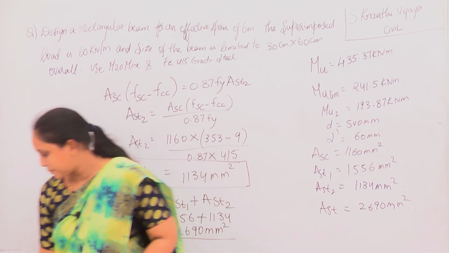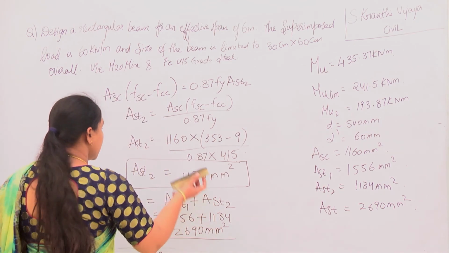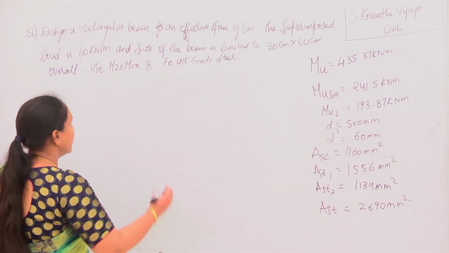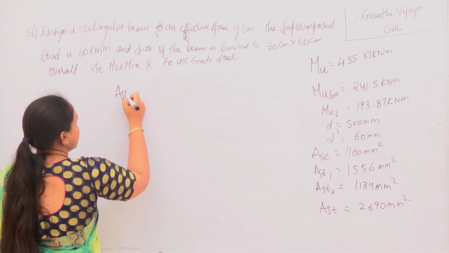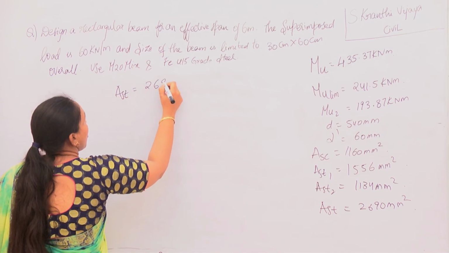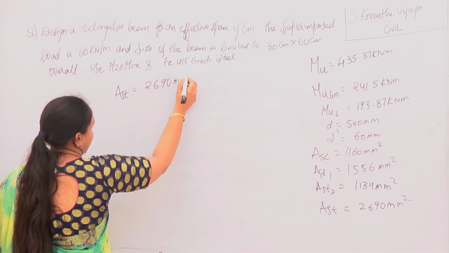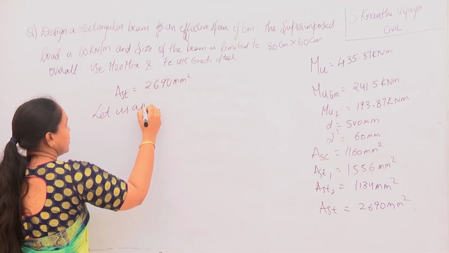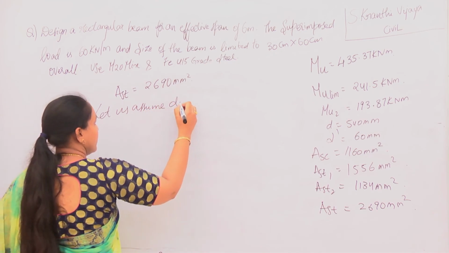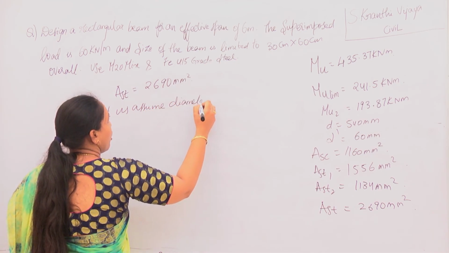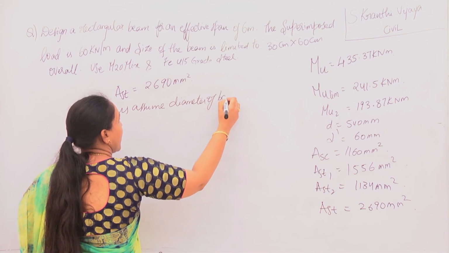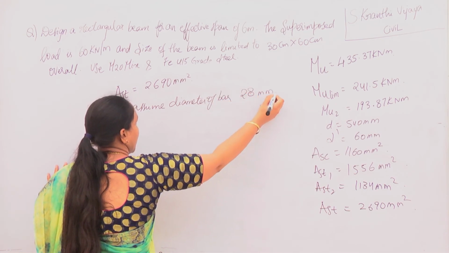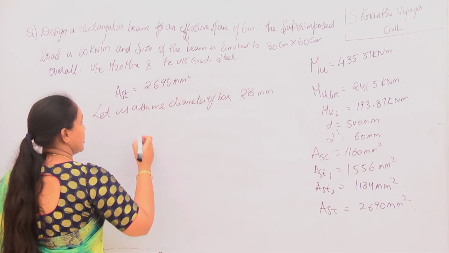First, let us consider the tensile steel. That is the AST, which is 2690 mm square. So let us assume the dia of bar is 28 mm.